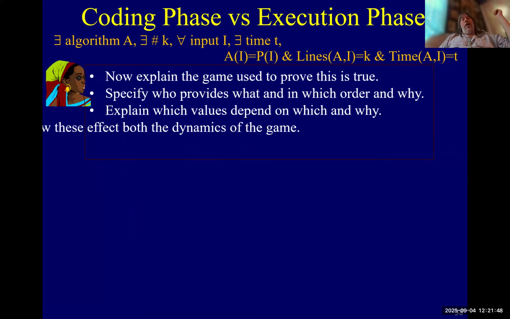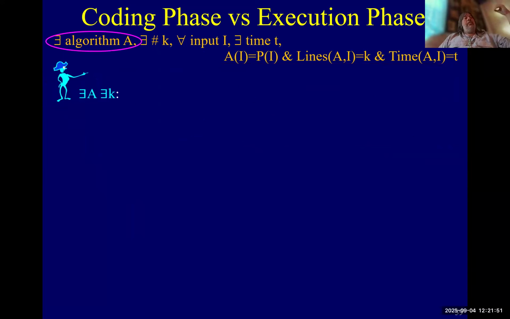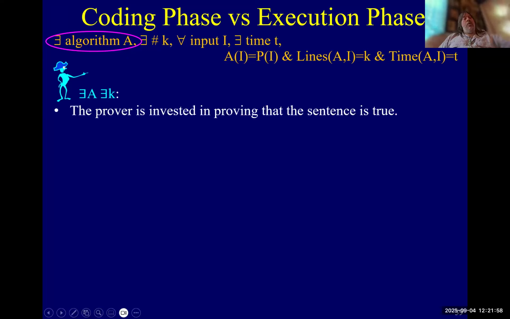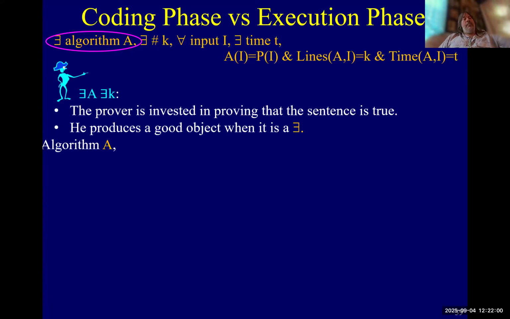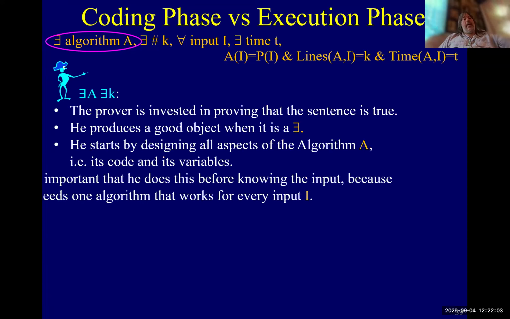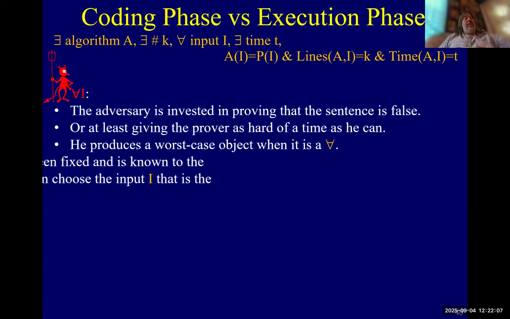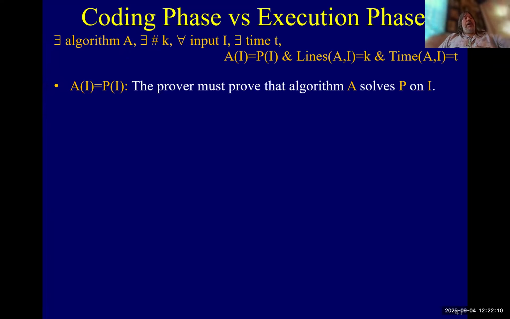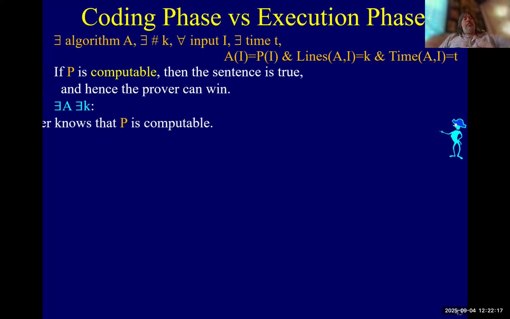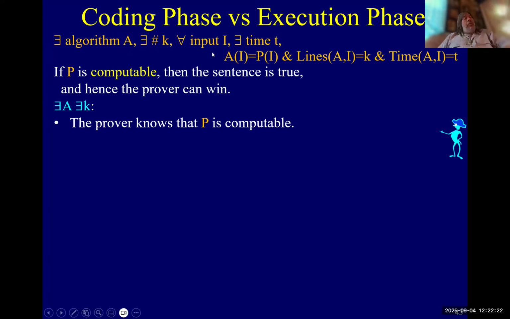All right, so then we can play the game. How's the game work? The prover comes up with an algorithm and comes up with an input. This is just going through what the game is again. Remember, we read it left to right.